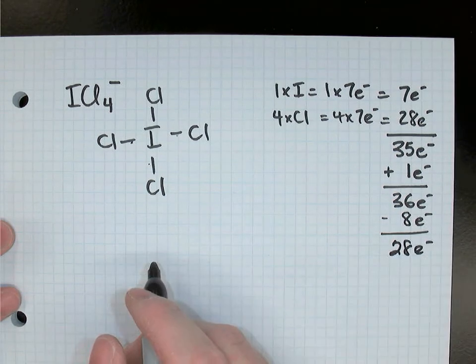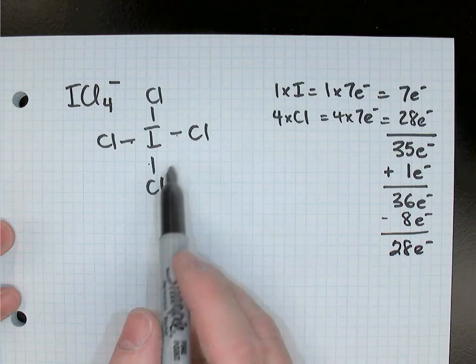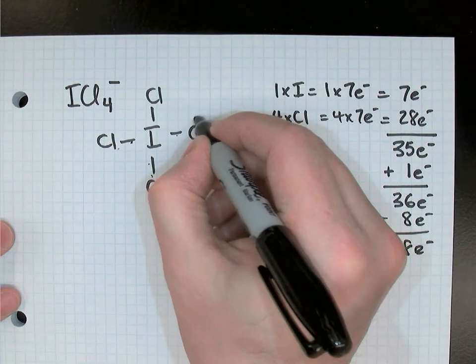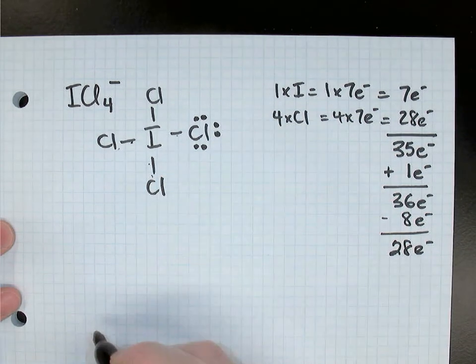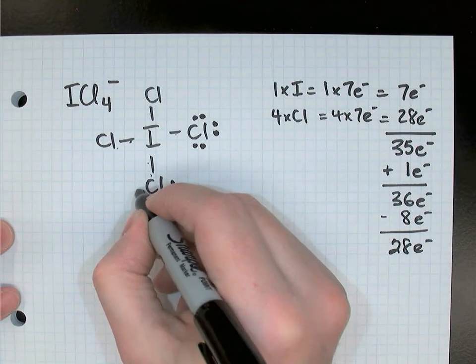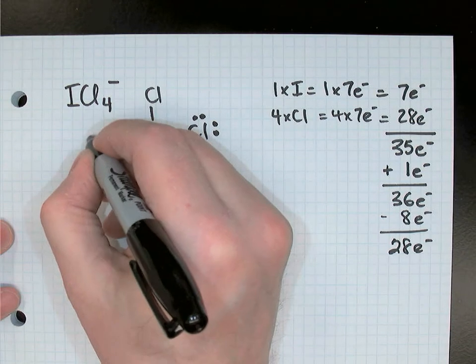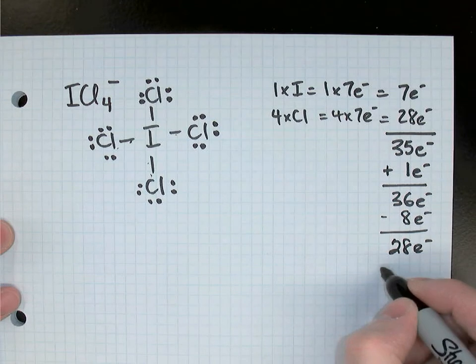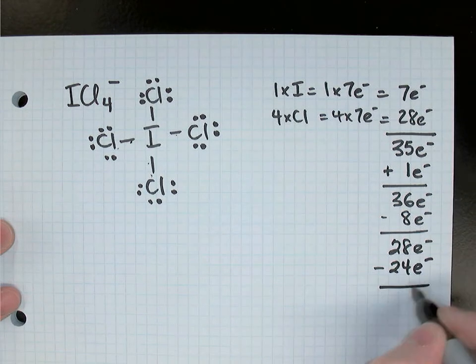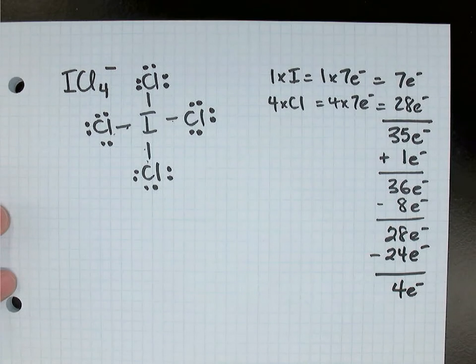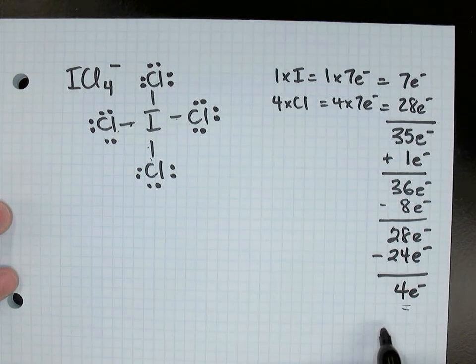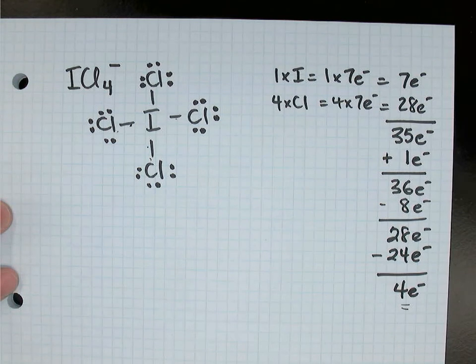The chlorines all right now have just 2 electrons, so to give them their octets, they would need 6 more electrons each. If we do that, we've used up 4 times 6, we've used up 24 electrons. That means we have 4 electrons left over that we have to do something with. When you have leftover electrons, the rule from the localized electron model is to put those extra electrons on the central atom.